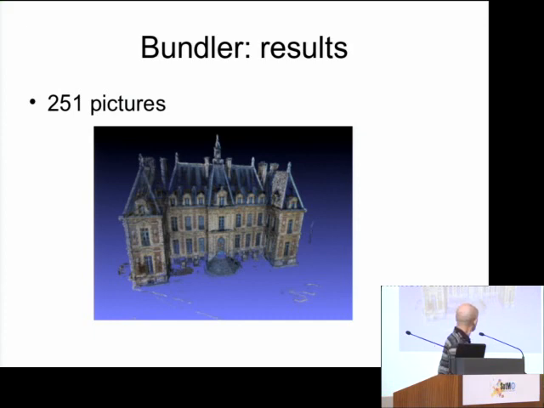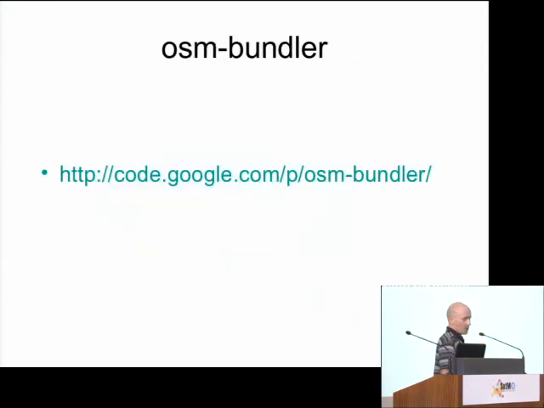It's somewhere in France. We developed a kind of library that simplifies the use of this software toolkit from the University of Washington, and it could be downloaded from this address. Just type OSM bundler in your favorite search engine, and I think you will get the link to this address.